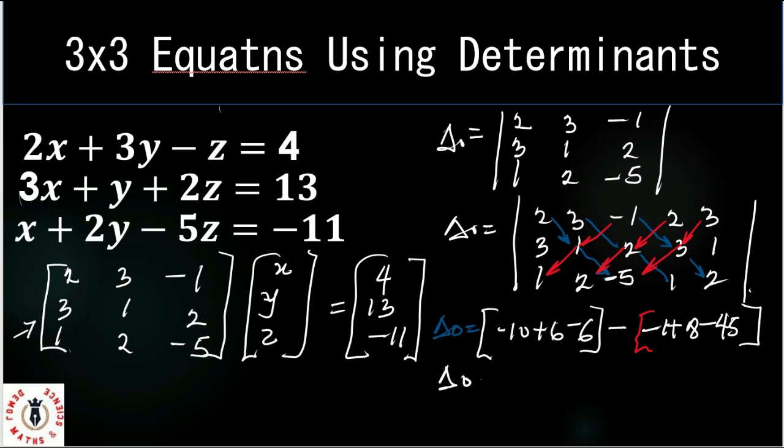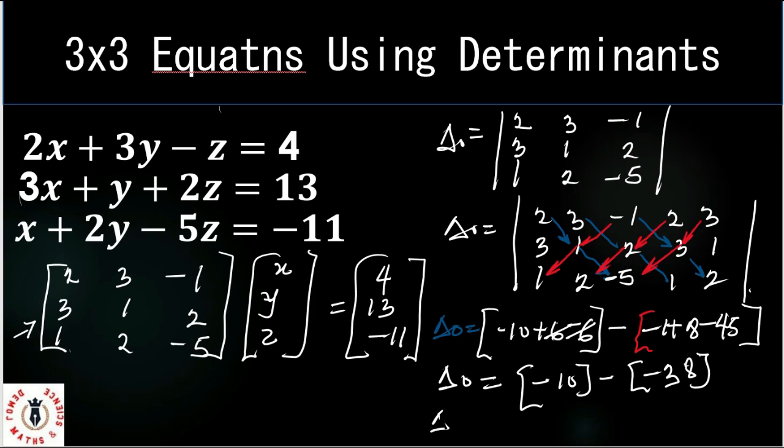So my delta 0 is the same thing as plus 6 and minus 6 cancel out. This is left with minus 10, minus plus 8 and minus 1, that's plus 7, minus 45. That's the same thing as minus 38.